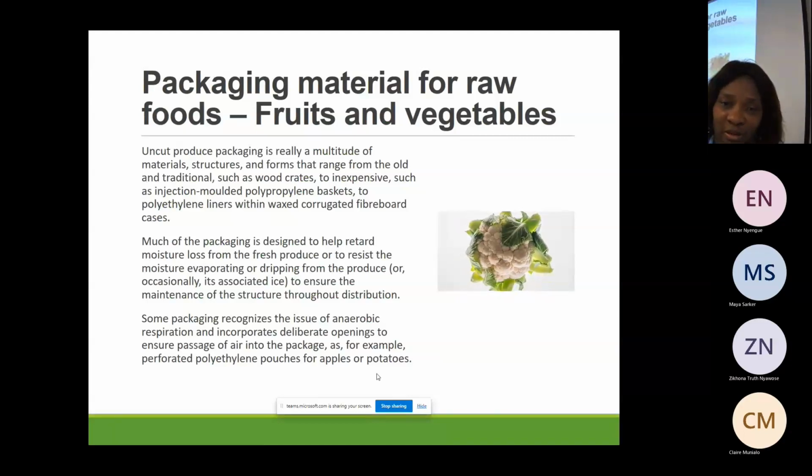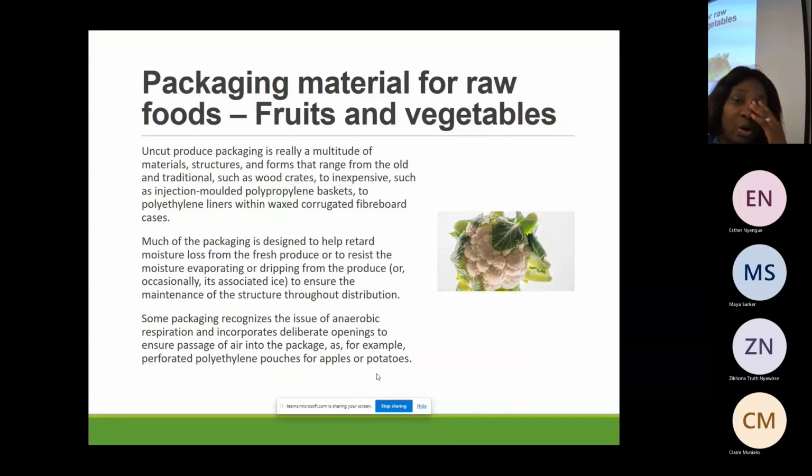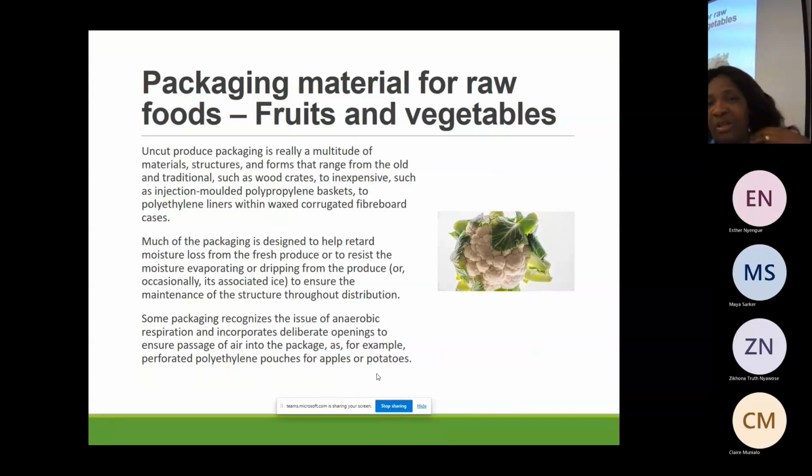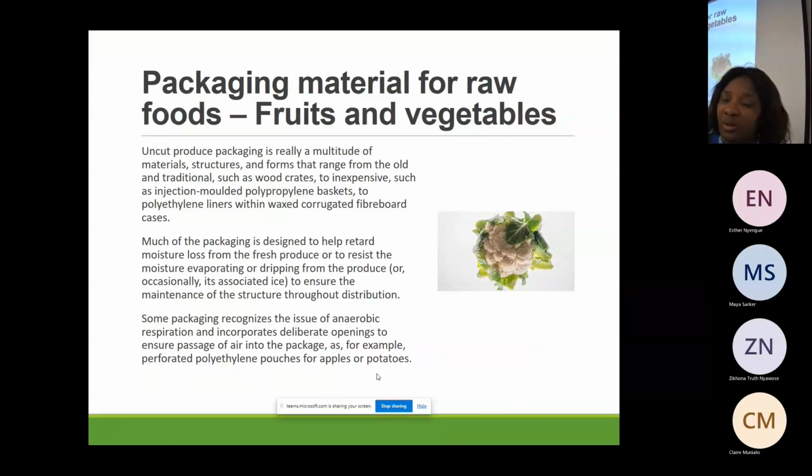So uncut produce packaging is really a multitude of materials, structures, and forms that range from old and traditional wood crates to even inexpensive injection molded polypropylene baskets, or polyethylene liners within wax corrugated fiberboard cases.